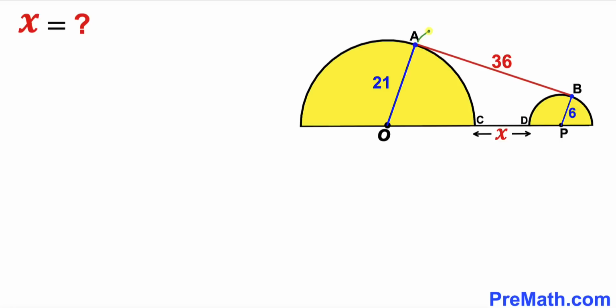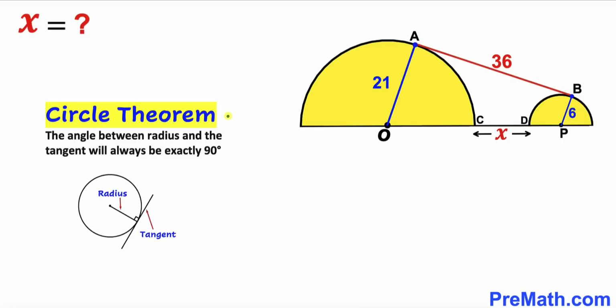We know that this AB is our tangent line, and moreover this OA and PB are the radii of these semicircles. And now let's recall this circle theorem. According to this theorem, the angle between the radius and the tangent line will always be 90 degrees, as you can see in this diagram.